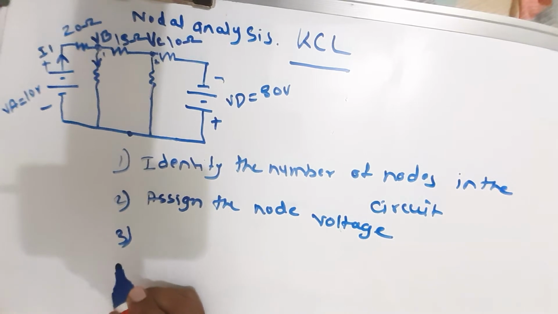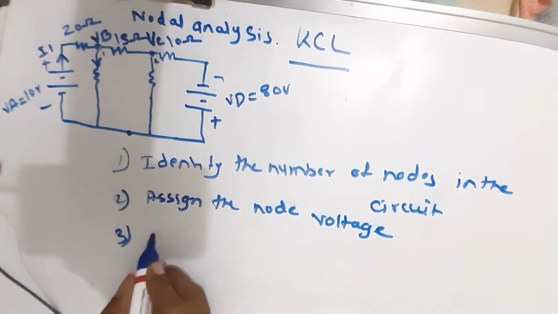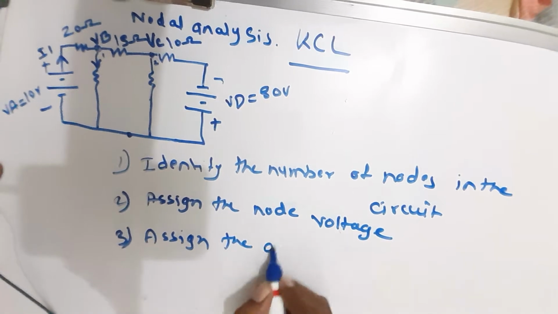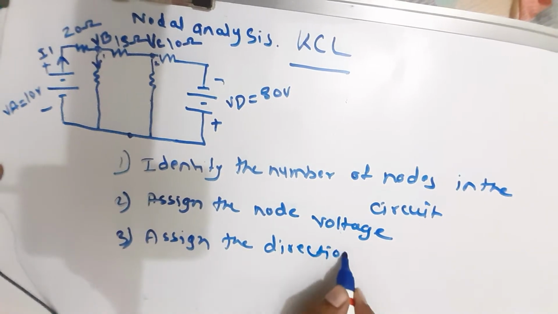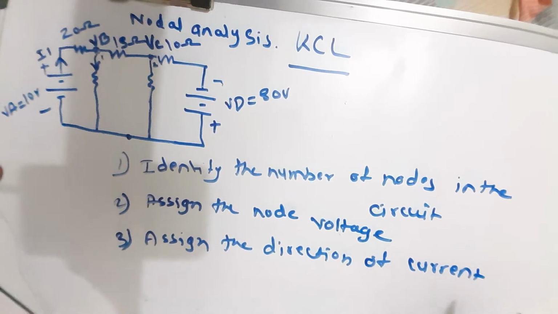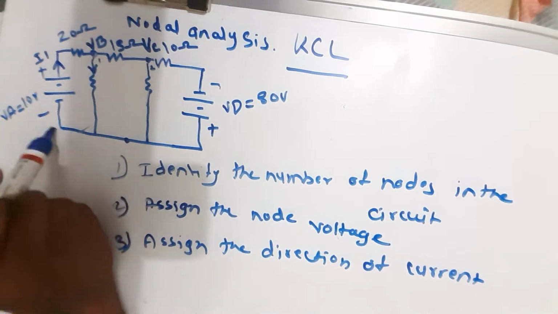The current will always flow from plus to minus of the voltage source. So after this we have to assign the direction of currents. For this one the current should be flowing from plus to minus.